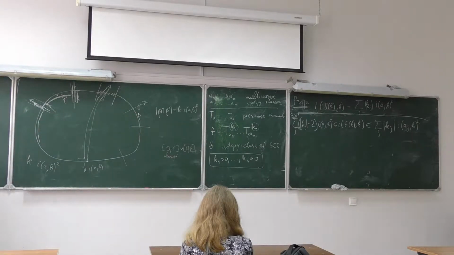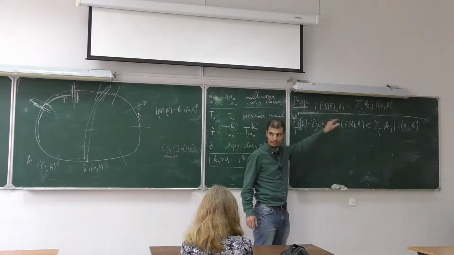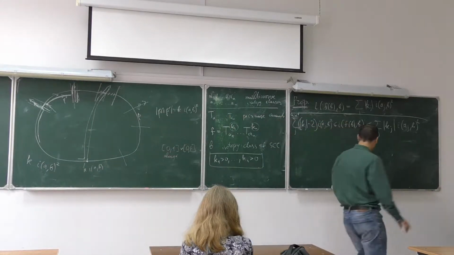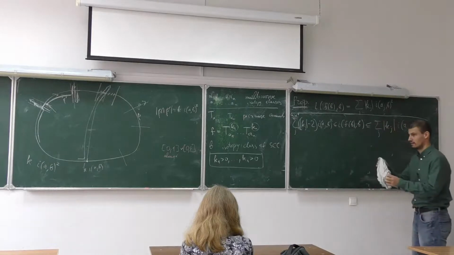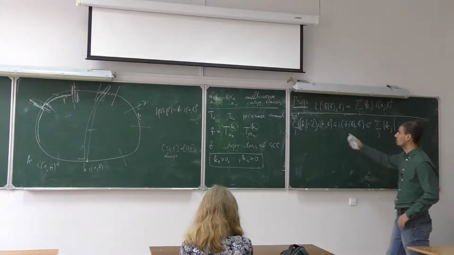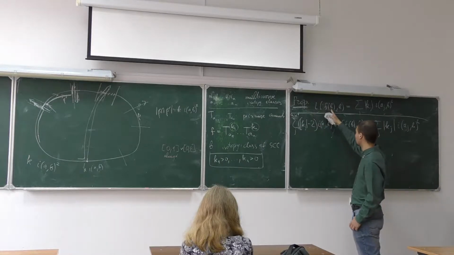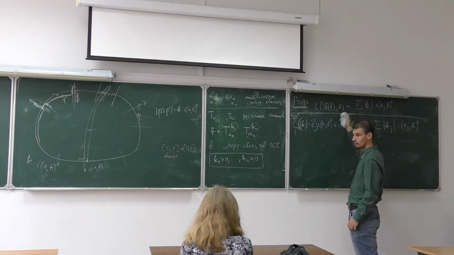Okay. This is a very useful formula, but there is another useful formula. We may consider a slightly more general situation. We may be interested not only in the intersection index of f of b with b, but of the intersection index of f of b with any c.